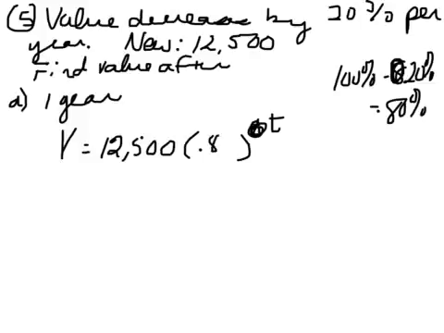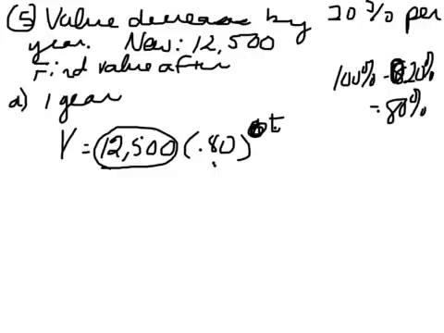So if I put an 0.80 here, this is an exponential function. This is the number that you start with, your initial value. This is your base, and t is how many years have passed. It's 100% minus 20%, meaning 80% of the value of the year before.